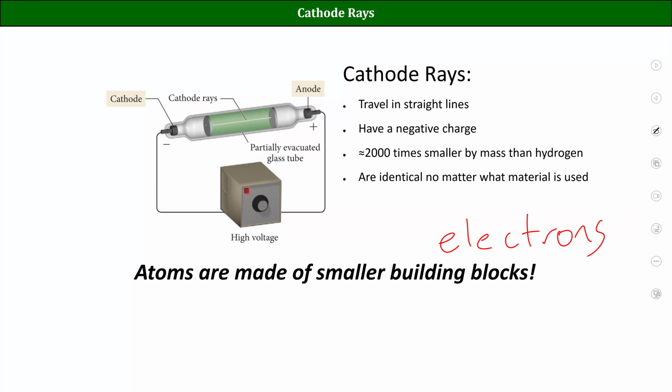If you have an atom and you can pull these electrons from it that have this negative charge, and all of these electrons are identical, it means that all of our matter is made up of these smaller pieces. Even though we have this whole table of the element types, there's some level of organization smaller than that.